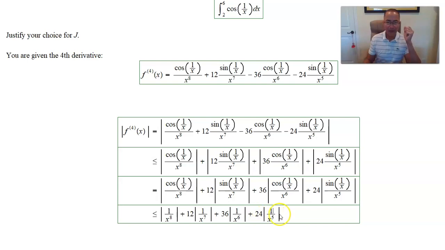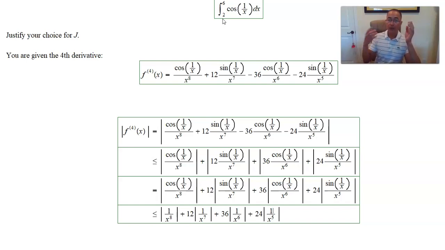And all we have to do is build on what we did last time, because we said x is between 2 and 6. 1 over x is between 1/6 and 1/2. All right, and what did we notice? 1 over x to the third power is at most 1/2 to the third power, and 1 over x to the fourth power is at most 1/2 to the fourth power.